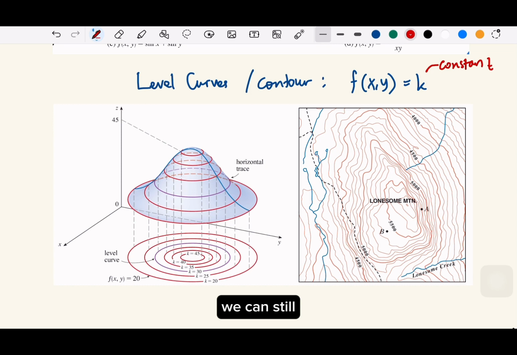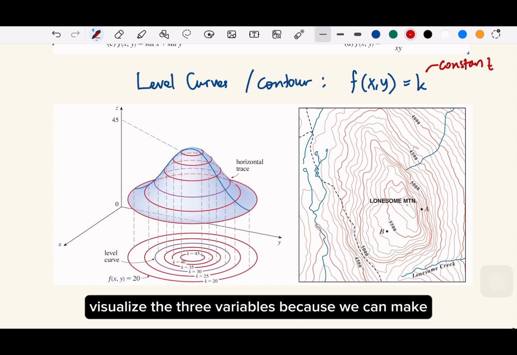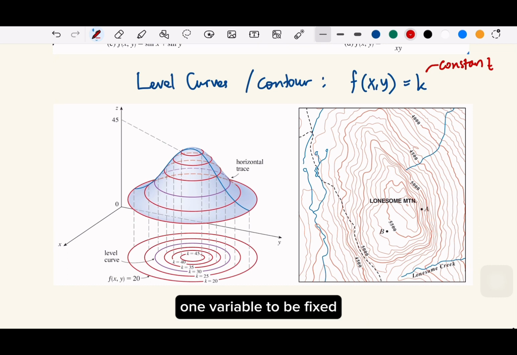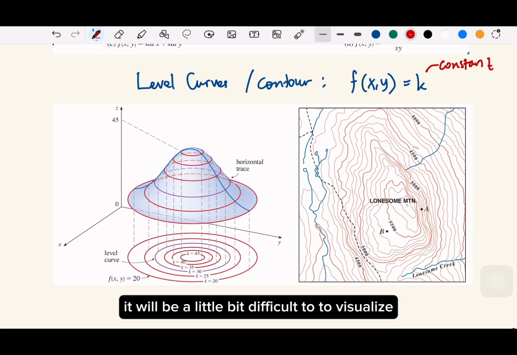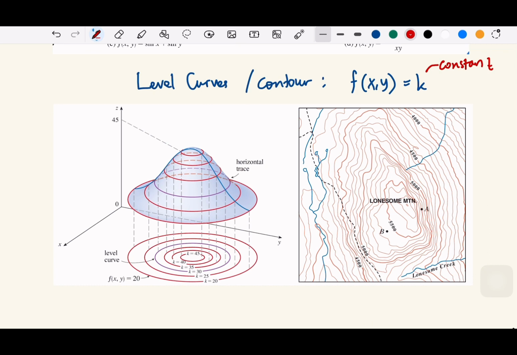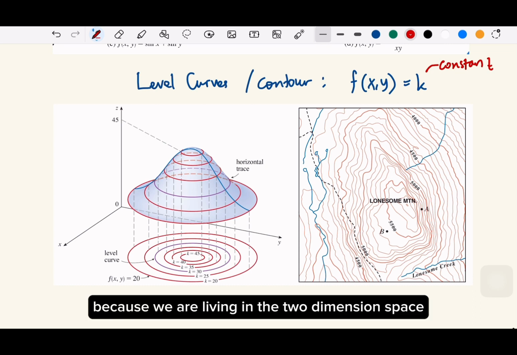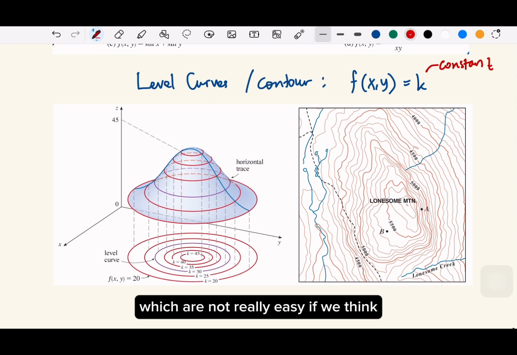Sometimes we can still visualize three variables because we can keep one variable fixed. But if we take more, it will be a little difficult to visualize, because we are living in a three-dimensional space, and it's not easy to have more dimensions in our life.